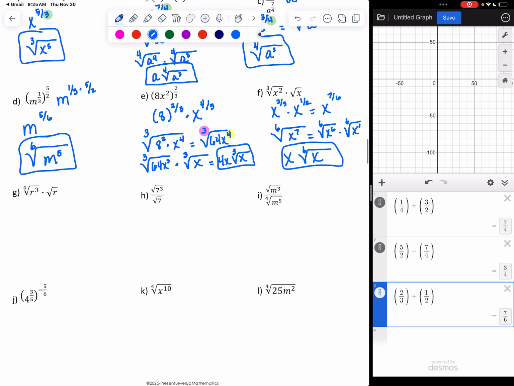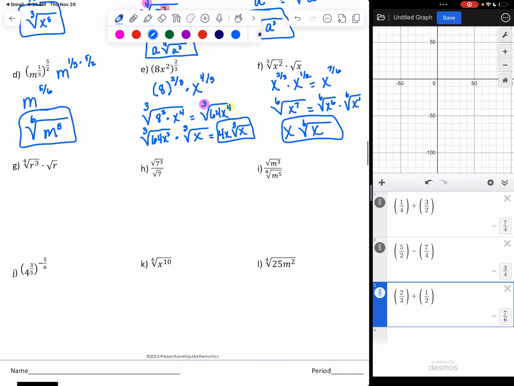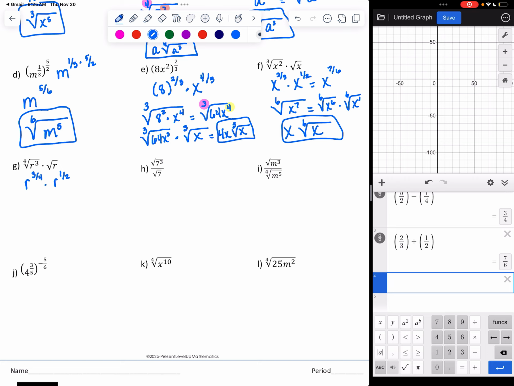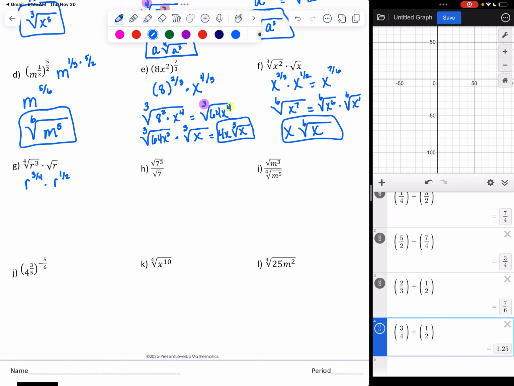All right. Pause the video and try problem G on your own. All right, welcome back. Hopefully you began by rewriting this as r to the 3/4 power times r to the 1/2 power. Now, 3/4 plus 1/2 gives me r to the 5/4 power.